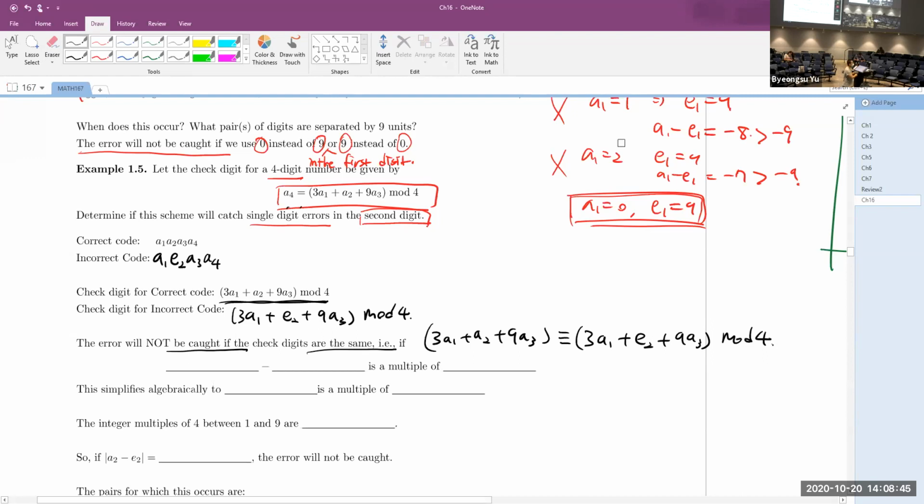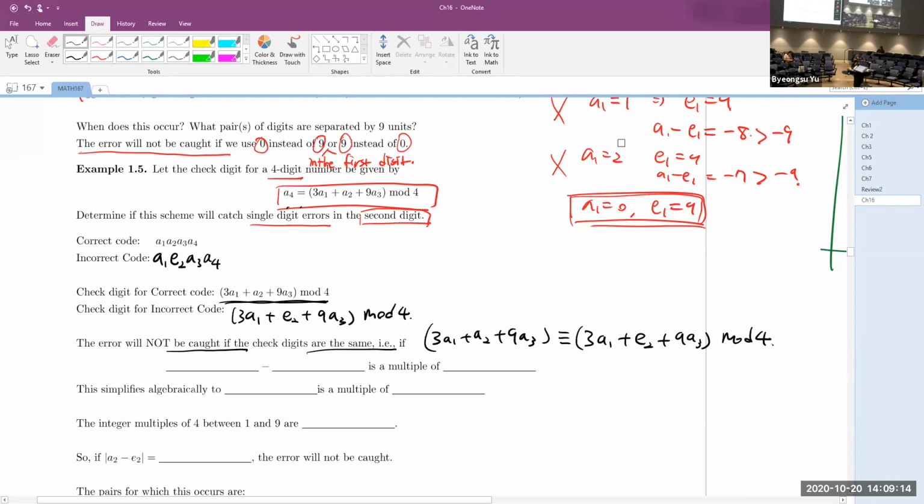Okay, question? The first one is also with mod 4. Yeah, both of them are with mod 4. What their difference is that the first one uses A2, but the second one uses E2, because the single digit error occurs at the second digit, right?